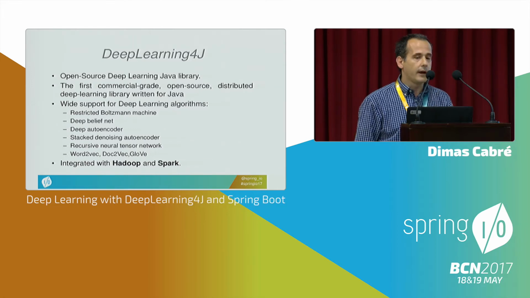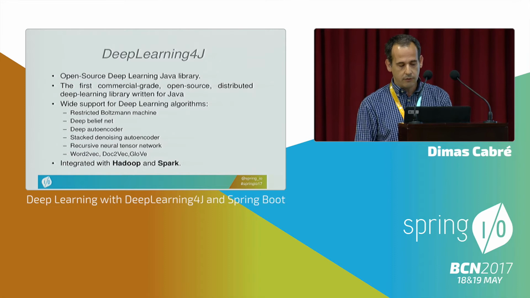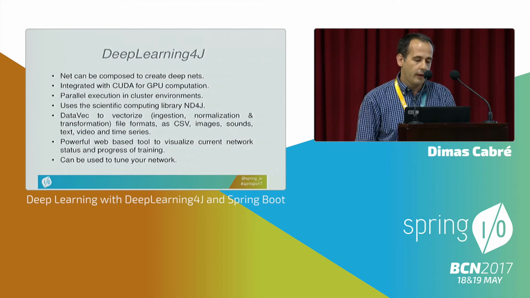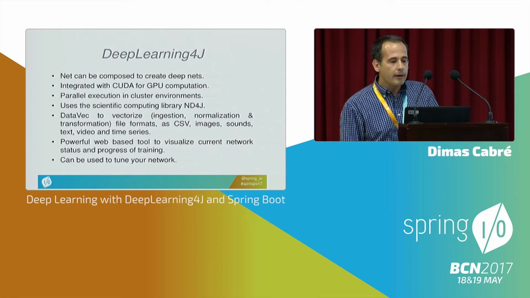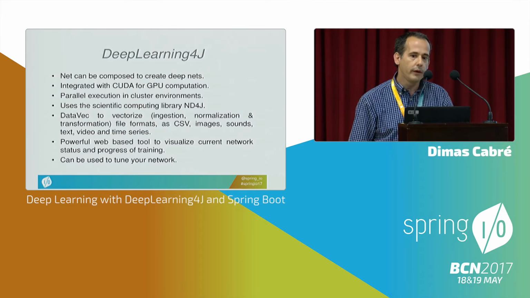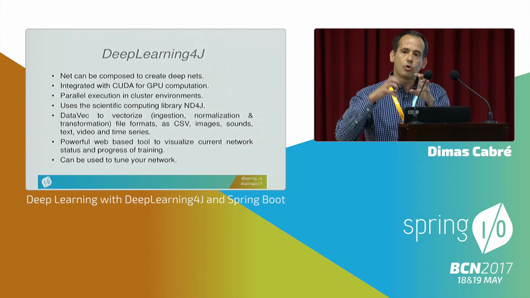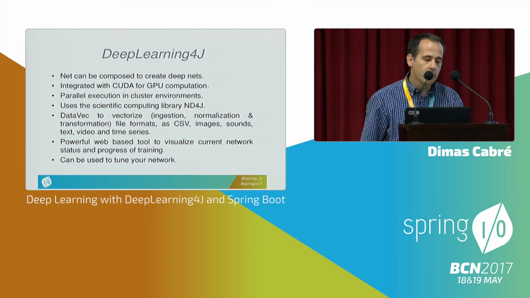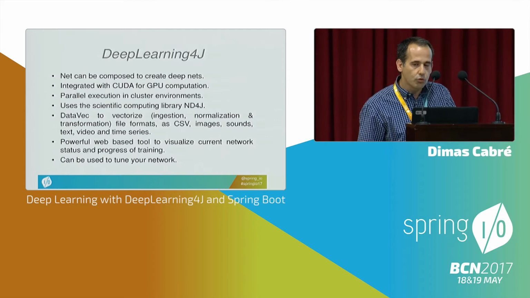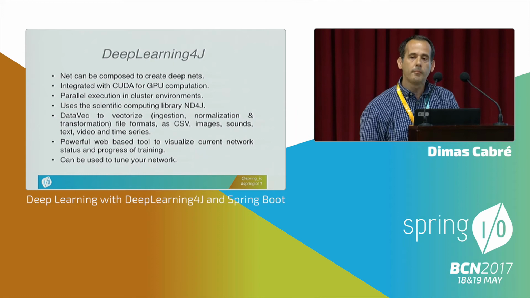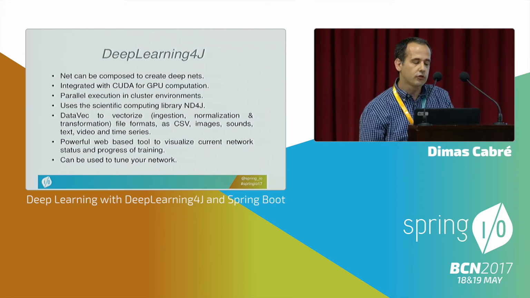It can work with Hadoop and Spark, which is a very interesting feature when you want to work with big data sets. One thing that Artur mentioned already is that it's very common to work with pieces that you want to combine into big neural networks, and Deep Learning for Java also supports combining these pieces to make even more complicated neural networks using small pieces.